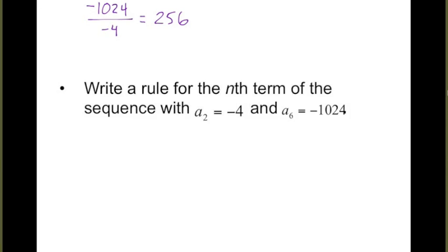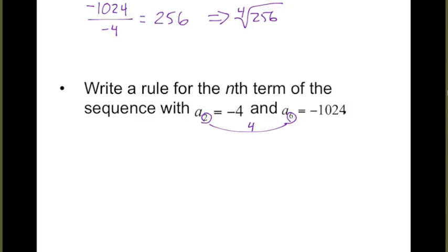But we're not multiplying by 256 every time. We multiplied by something from 2 to 6, which is a distance of 4. So we multiplied something 4 times to make a 256. So our question then is, what is the 4th root of 256? What do we multiply 4 times to get 256?